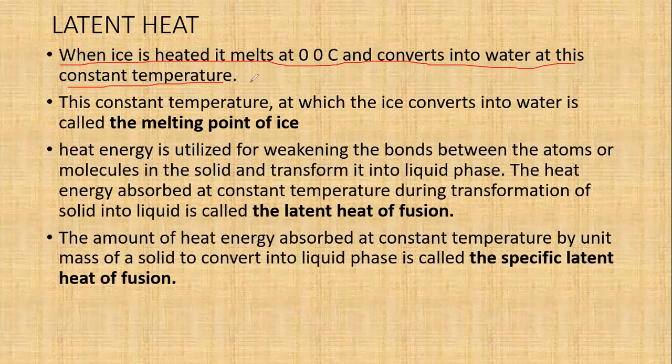It's a constant temperature of water. When you apply heat to the ice, it converts at 0 degrees Celsius. This constant temperature at which the ice converts into water is called the melting point of ice. That is the definition of the melting point of ice.